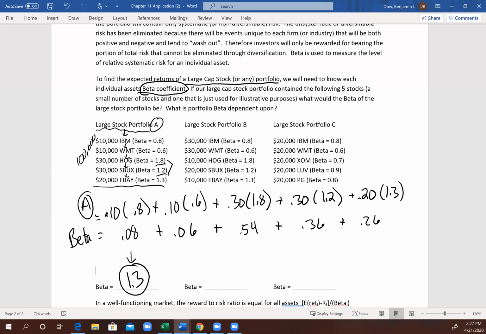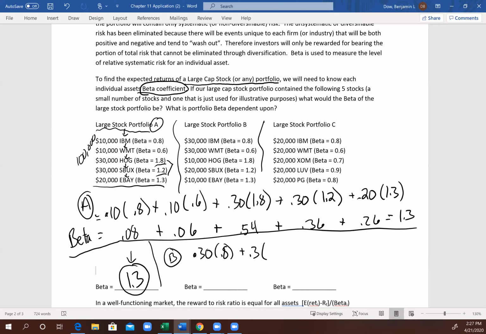If you look at portfolio B, which contains the same securities but is managed by someone different, there's more money in IBM, more money in Walmart, less money in Harley Davidson, less money in Starbucks, and less money in eBay.